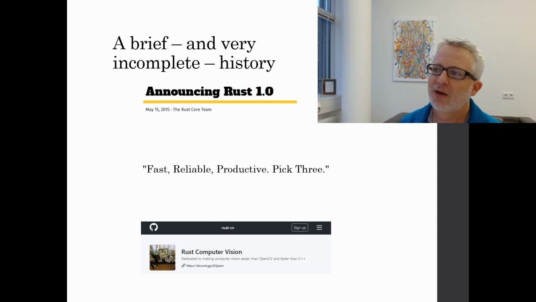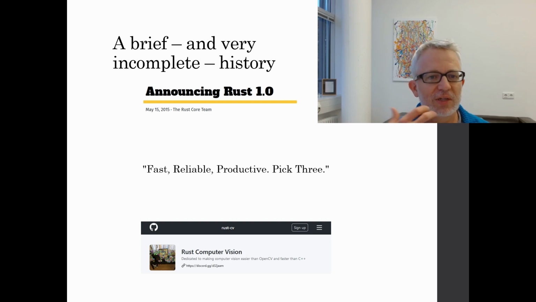So in 2015, there was this announcement, Rust 1.0, and the idea was, okay, it's this language which is going to be fast, reliable, and productive, pick 3. This is really exciting for people doing computationally intensive image analysis and video analysis, and I think that encompasses pretty much all of us here.